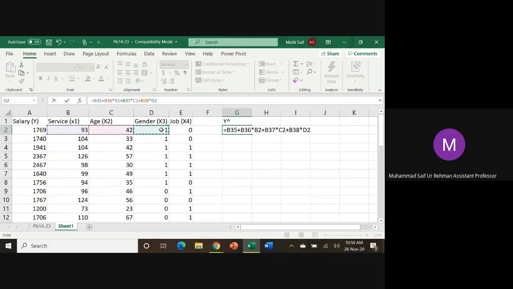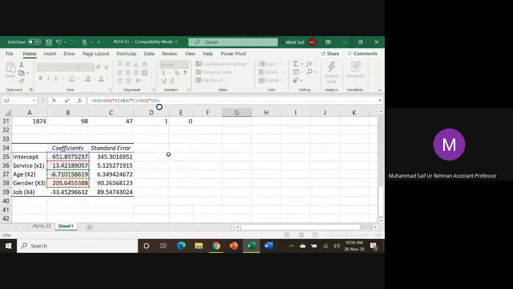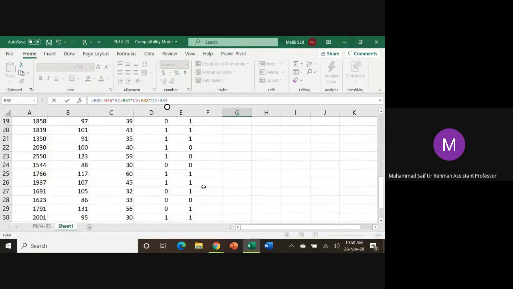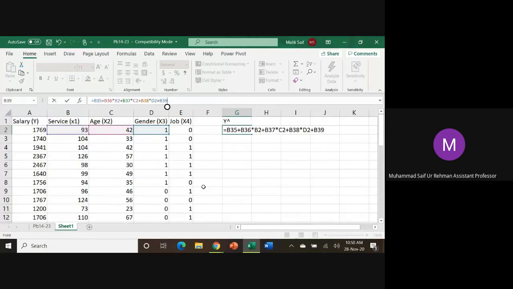Okay, then there comes plus, and the final value is this value. This is beta 4. So beta 4, and you have to multiply this beta 4 with this x4. Now if you simply press enter, you will be in trouble, because a few values you have to fix.